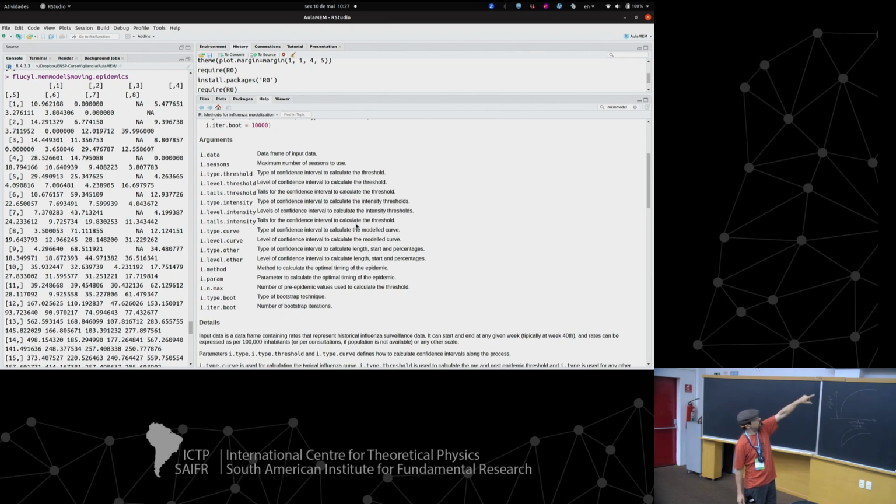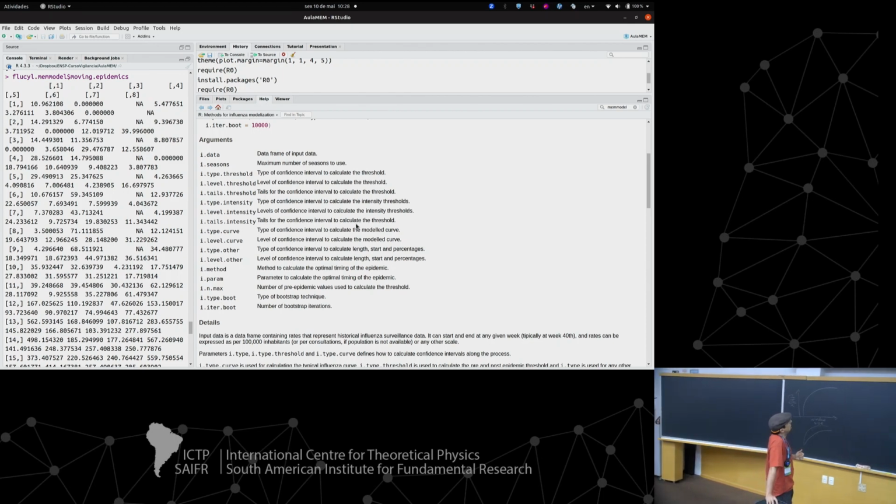You can change the type of confidence interval associated with any estimation, and the method used for the MAP curve. So i.method is what it says, the optimal timing of the epidemic, so it's associated with the MAP curve.